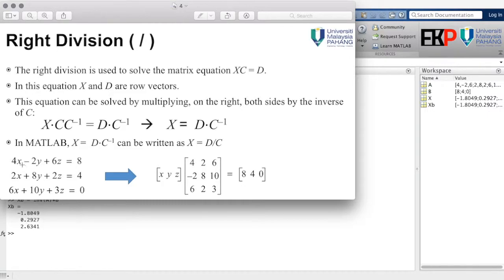So now the unknowns x, y, z is written as a row vector, and the coefficient of the unknowns remains as a matrix, and then the right hand side of the equation is also written as a row vector as well. So the only difference between left and right division is how you write the vector form of the unknowns and the right hand side.